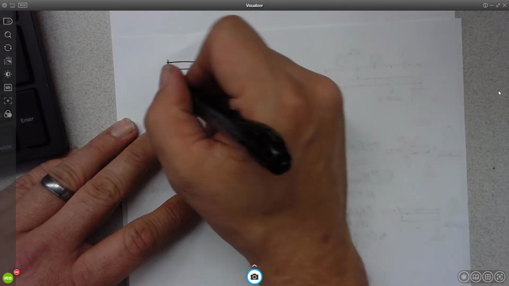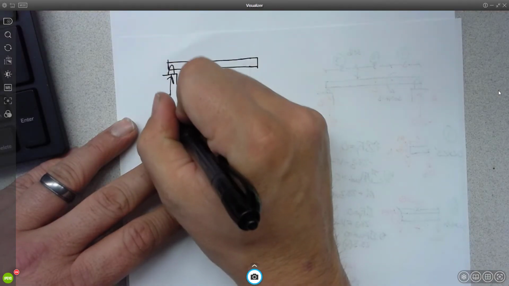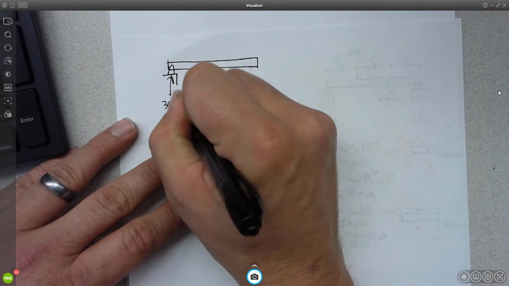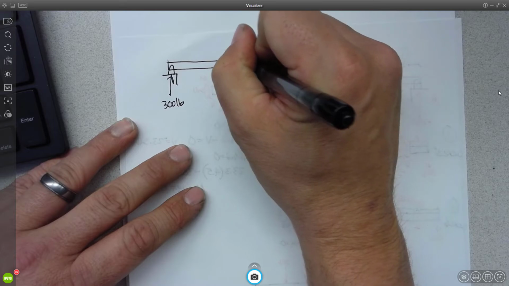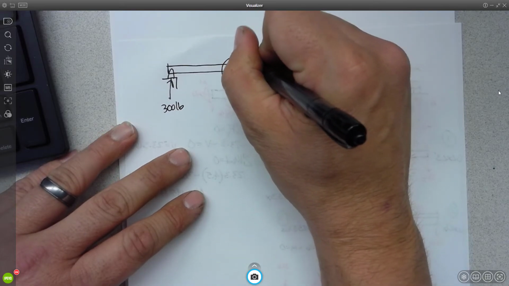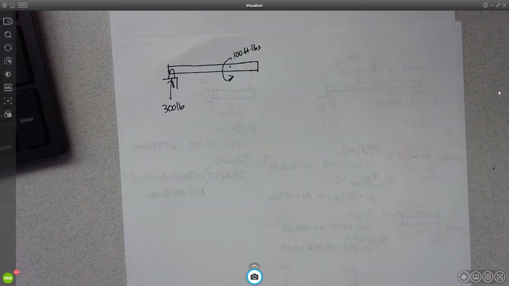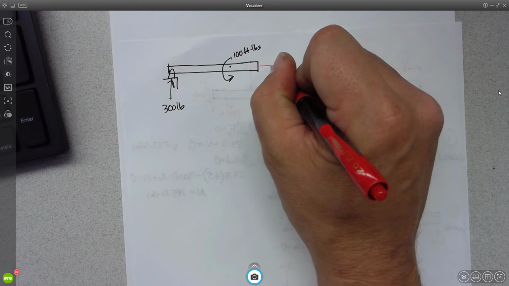Okay? So let's say I've already done my work, and I know that there's 300 pounds up here, and that I have a couple moment right here of 100 foot-pounds. And I'm trying to find my internal loads.